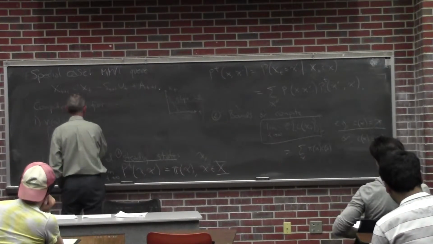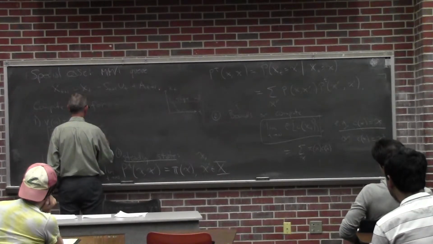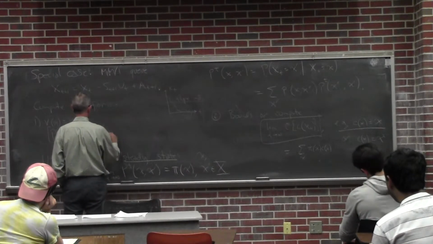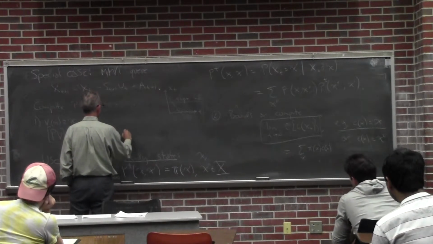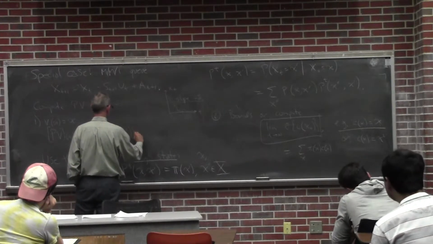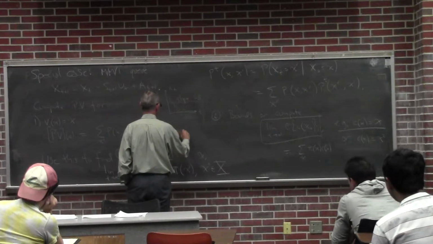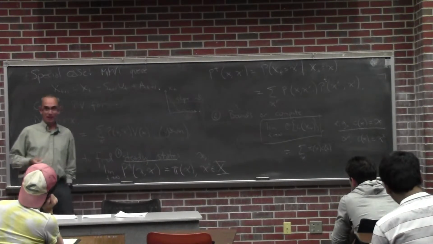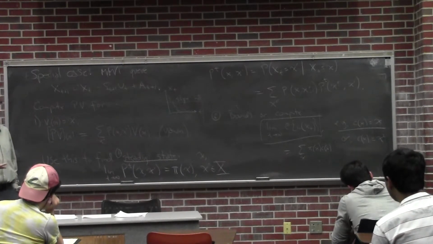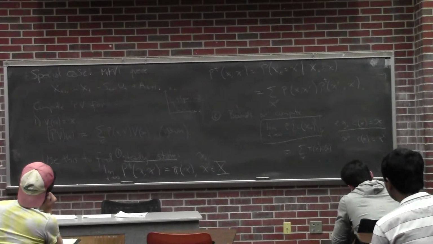Let's write it out. So it's two things. It's either equal to the summation over x prime of P of x to x prime times V of x. But that's idiotic. I mean, you've got to store this giant matrix and think about this giant matrix. You're throwing away all the structure. Just don't do it.